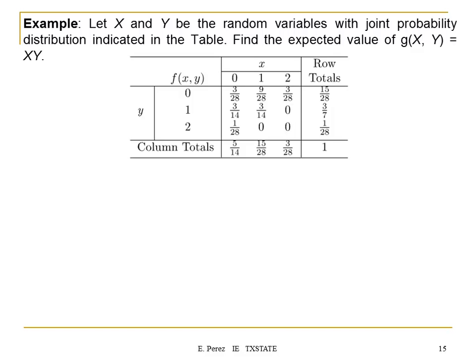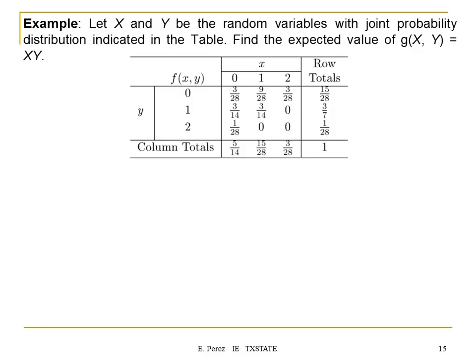So let's look at how we can solve this problem. So here we have x and y, both random variables with a joint probability distribution indicated in the table. As you can see, x can have 3 values and y has 3 values as well. X goes from 0 to 2 and y goes from 0 to 2.